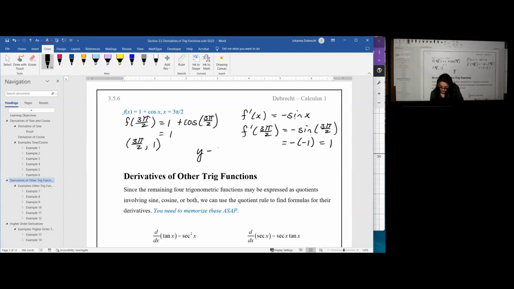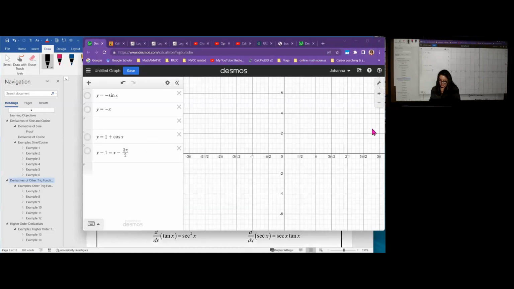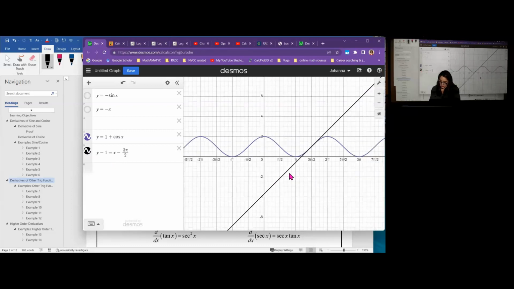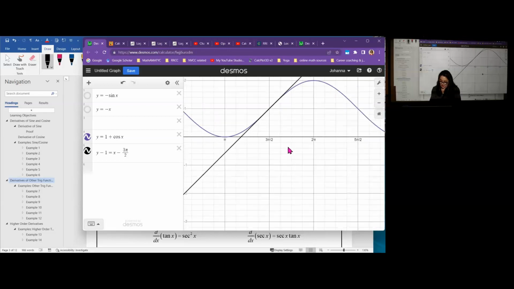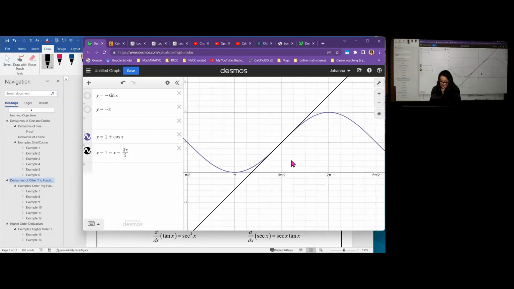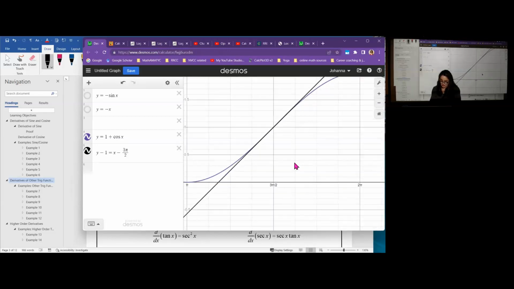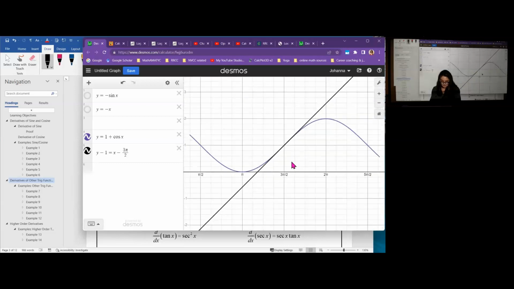And I write the equation of the tangent line, y minus 1 equals 1 times x minus 3 pi divided by 2. Let's check the graph and make sure that it fits. Coming over here at 3 pi over 2, I can scroll in and in and in, and I can detect that that is in fact the tangent line at that point.